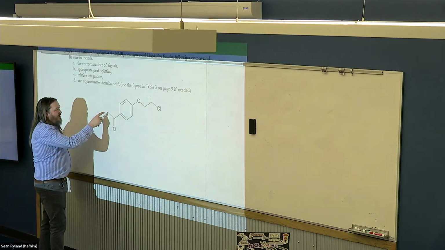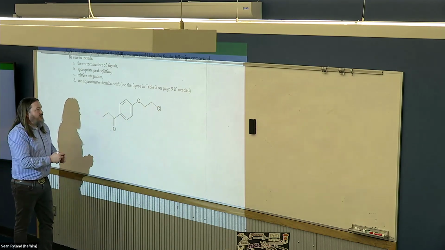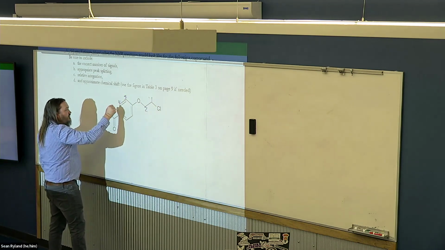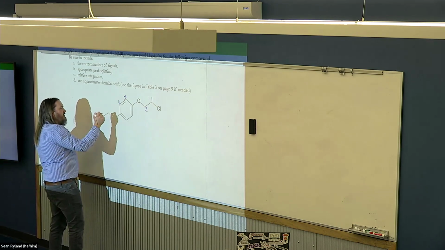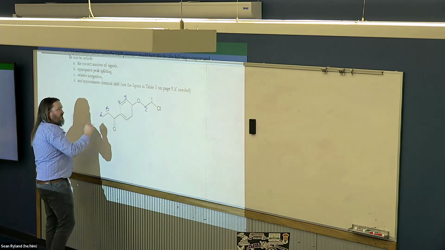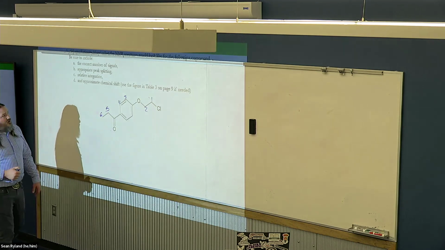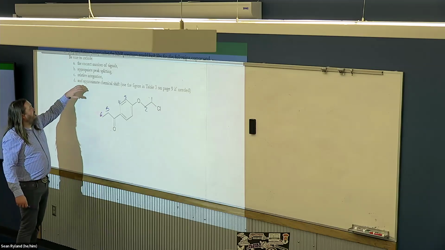And then 2 and 2, well, 2 and 3, but as far as counting the number of signals, we should have 1, 2, 3, 4, unless you count all of those as one signal, which would be fine as well. And then 5, 6, so it's a total of 6 signals. This is definitely one where to split hairs about where they're going to show up in the.